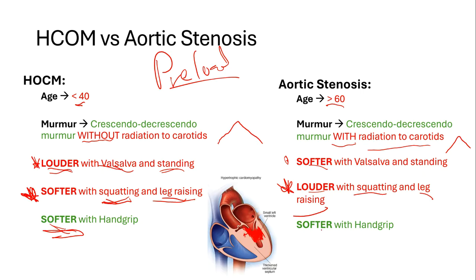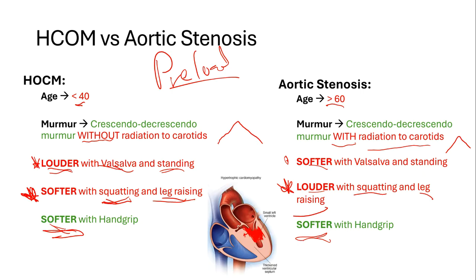But why does it soften aortic stenosis as well? Well, because that hand grip is also increasing total peripheral resistance. Although I have more blood in my left ventricle, sure, what's going to also occur is that that blood isn't really going to move anywhere, because the pressure gradient is going to be the same as it was on the other maneuvers in the ventricle, but now I'm increasing the total peripheral resistance.